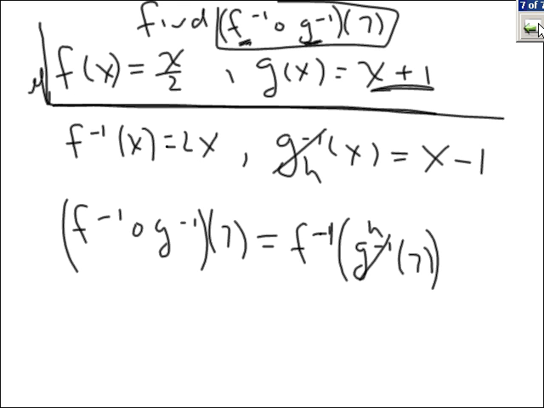What is h? You should write down: let h of x equal g inverse of x. Then you don't have to write down g inverse if it's going to bother you. If you did that enough, it'll start bothering you that you're not writing down g inverse.